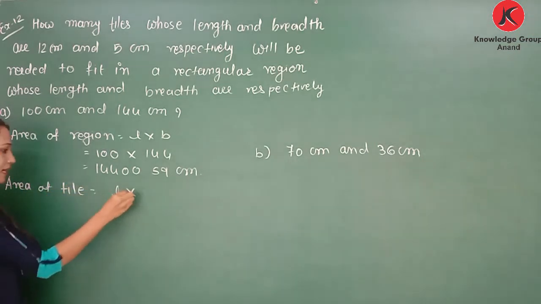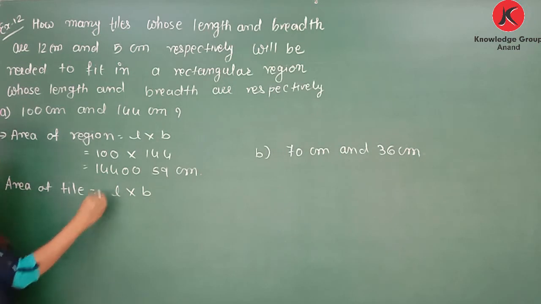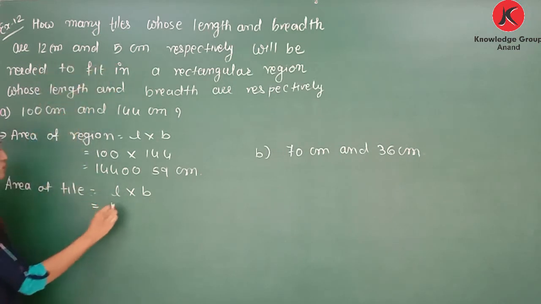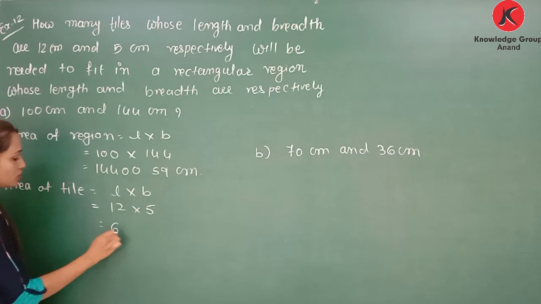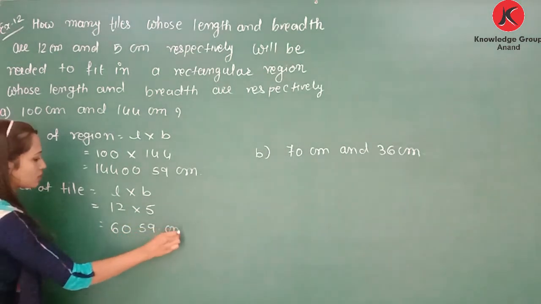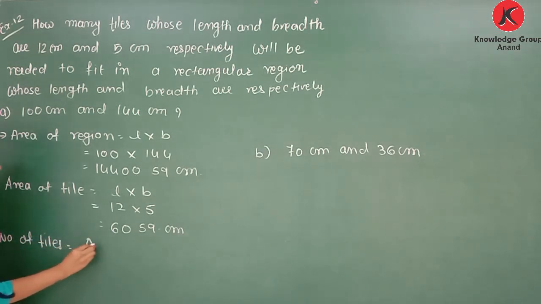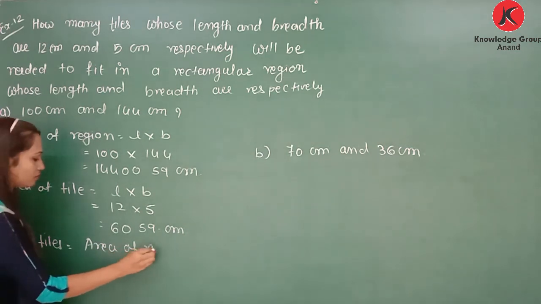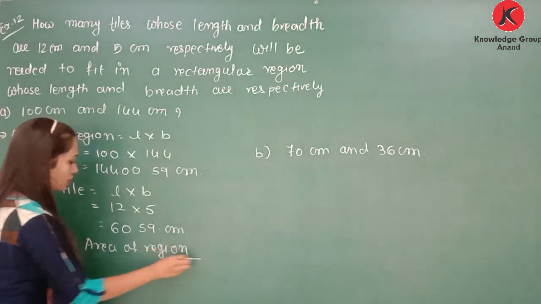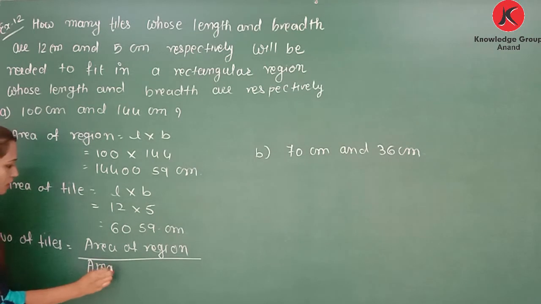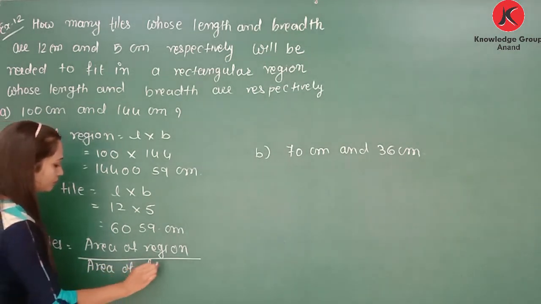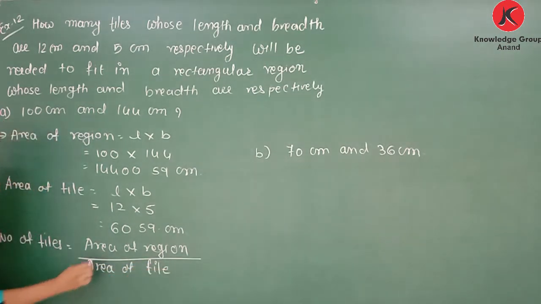Now we will find the area of a tile, that is again length multiply breadth, but for tiles it is 12 centimeter and 5 centimeter. So 60 square centimeter. So the number of tiles is equal to the area of region divided by the area of tile. So here the area of region is 14400 divided by 60.